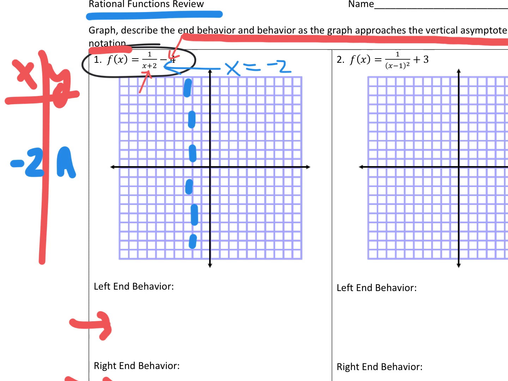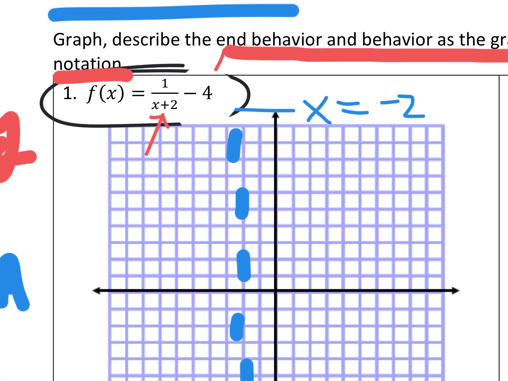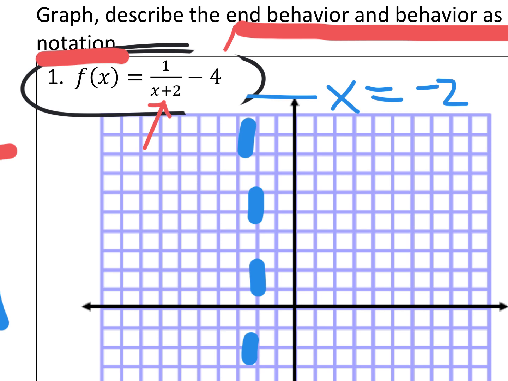Okay. Now, the other part is the horizontal asymptote. To get those, you're thinking about the horizontal one is the one where you put in 1,000 and you try to figure out, like, is there a spot where this graph will kind of level off somewhere? Like, you know, there's an asymptote up there somewhere. So here's how you'd find that one. If you put in 1,000, you'd have 1 over 1,000 plus 2, which is pretty much 1,000.